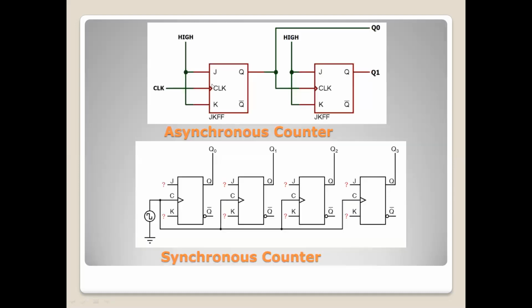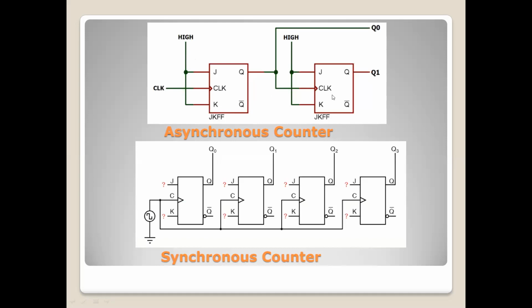See this figure. In this circuit, we are using JK flip-flops. It's a 2-bit counter, so we are using 2 flip-flops. To make a flip-flop work as a counter, we give a high pulse to the JK inputs of both flip-flops. In an asynchronous counter, we give the external clock only to the first flip-flop.